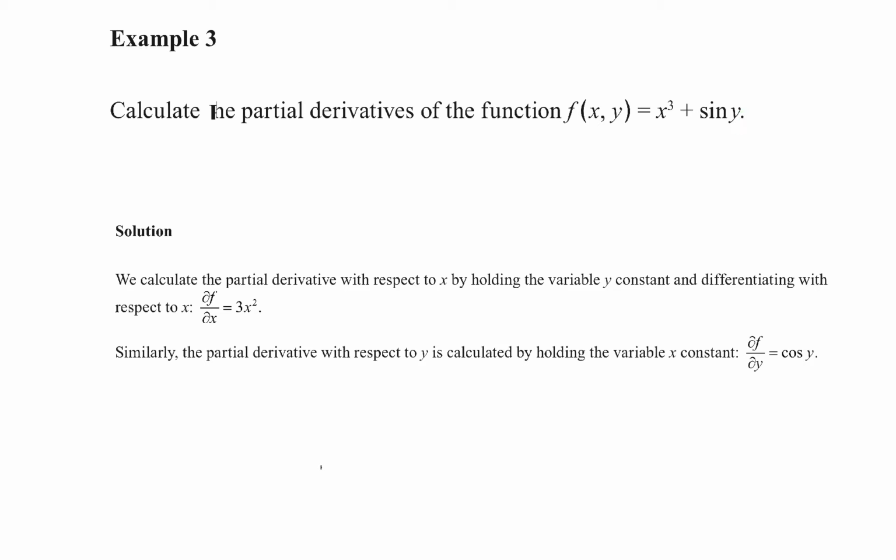So the partial of f with respect to x is 3x squared. And the partial of f with respect to y, maintaining x constant, is cosine of y. So these are the two partial derivatives.